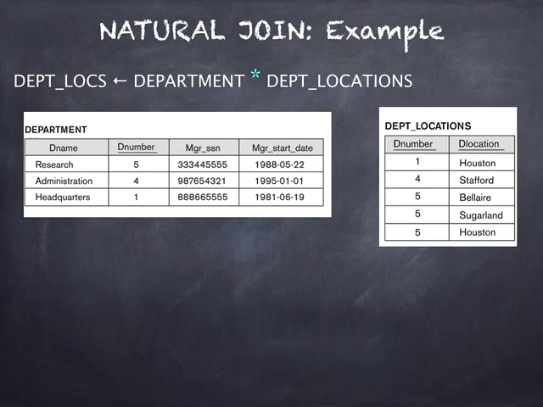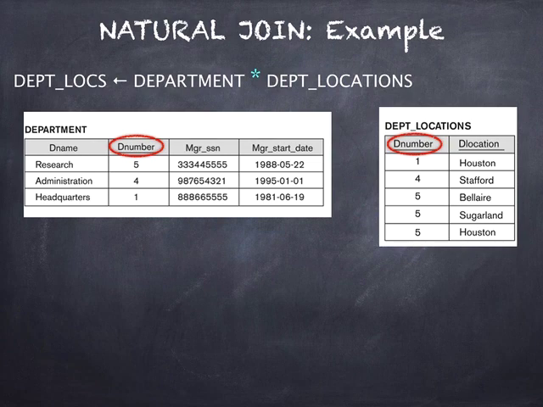What will the natural join do? It will first detect the common attribute having the same name in both relations. Yes, indeed, D number in table department locations is a foreign key from the D number in table department, and they have the same name.